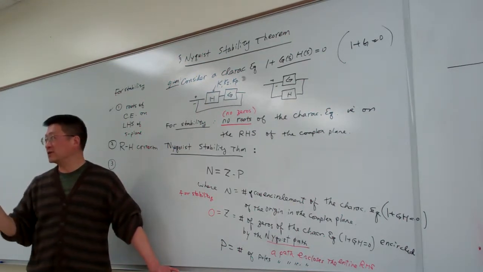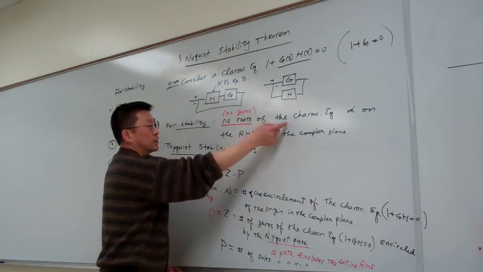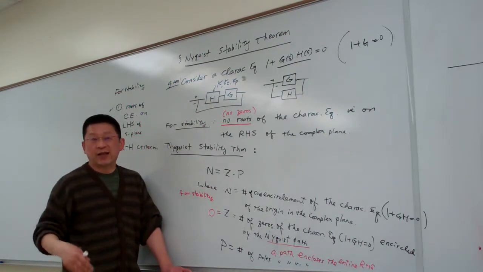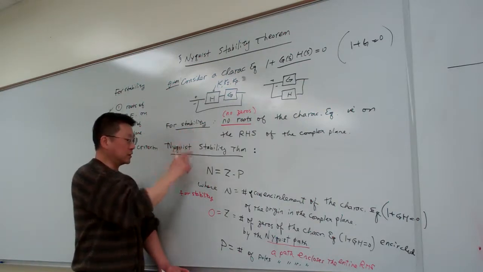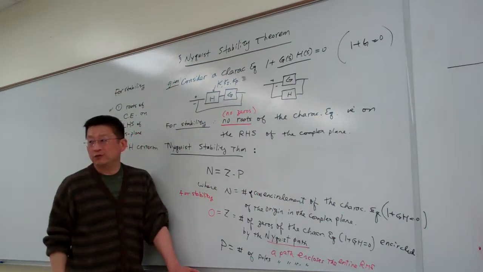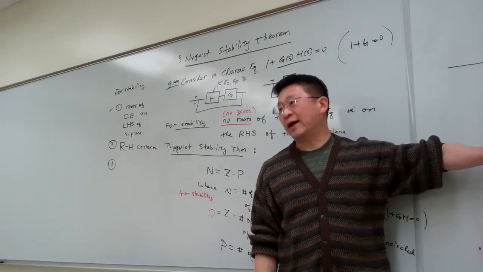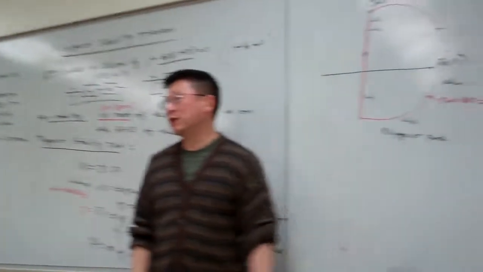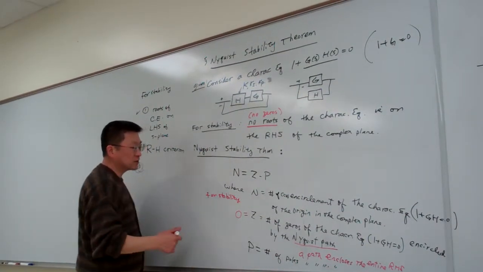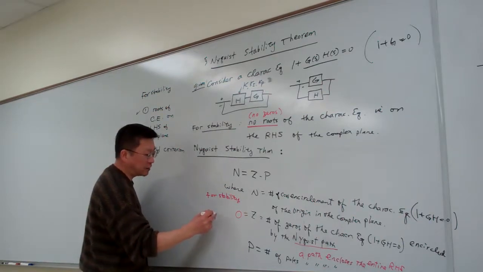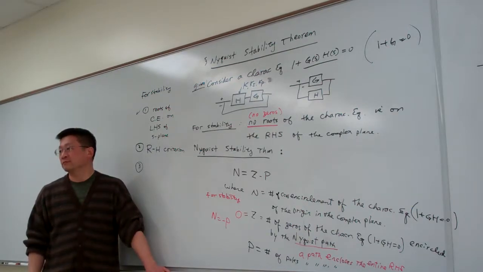The poles mean the roots of the denominator. So for the roots of the characteristic equation, that means the roots of the numerator, right? Okay, so for stability, we are asking Z equal to 0 under such a choice of the Nyquist path. You good? So in particular, for our Nyquist stability theorem, for stability, we are asking N equal to minus P. Good?